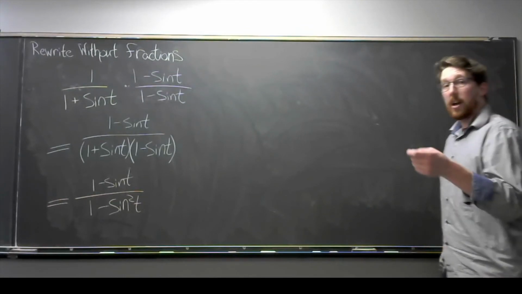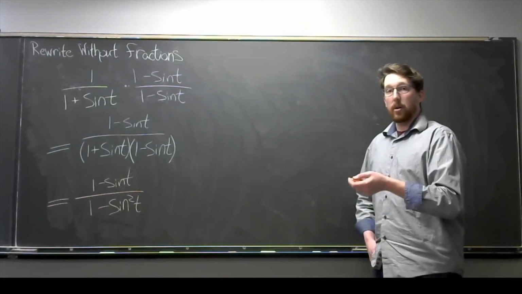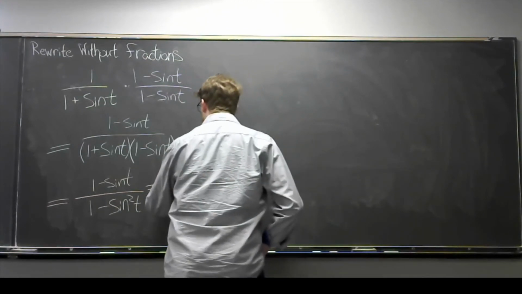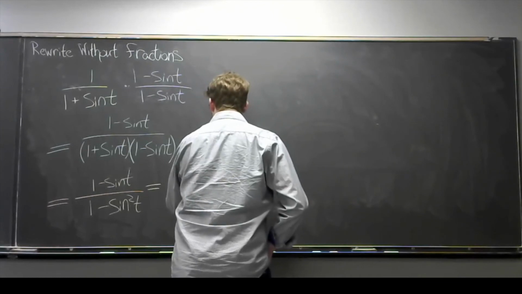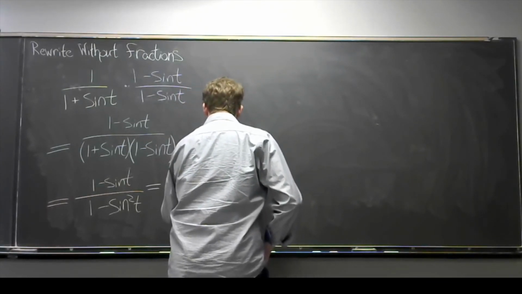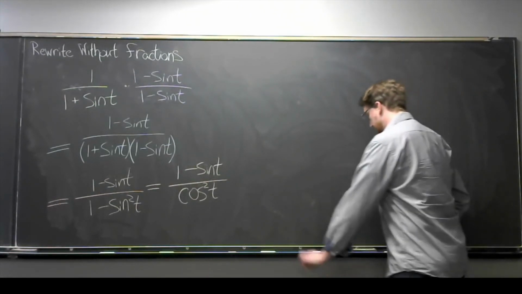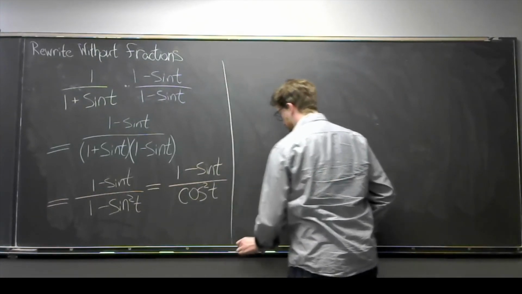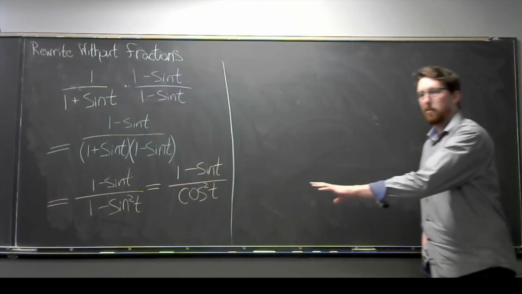One minus sine squared of t is going to be equal to cosine squared of t. So we can rewrite this now as 1 minus sine t over cosine squared t. Well, that doesn't solve our problem yet.